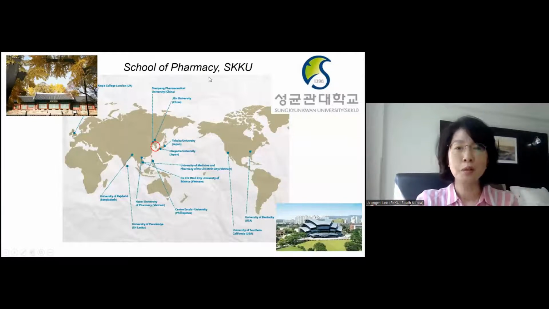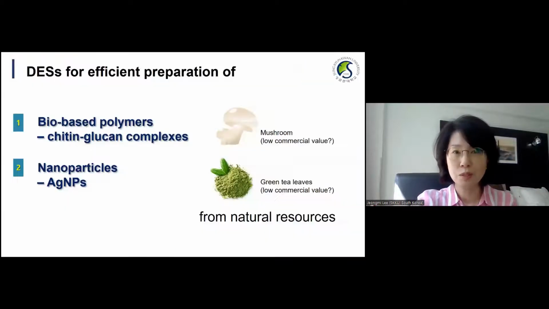Currently, our School of Pharmacy has a lot of partnerships with many prestigious schools, and we are eager to find any active collaborations. So after this talk, feel free to talk to me if anybody is interested in future research collaborations.